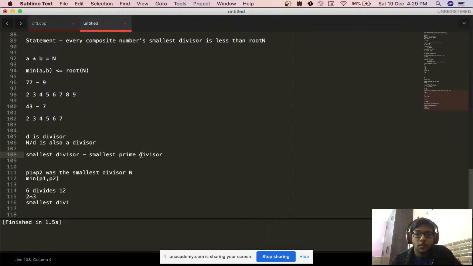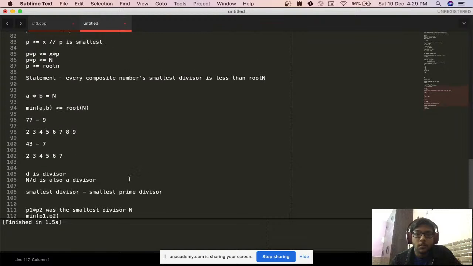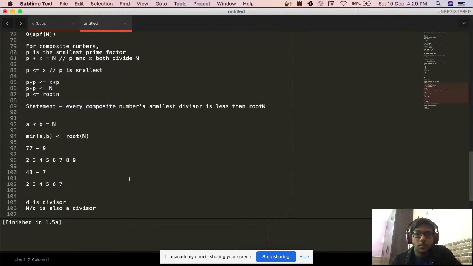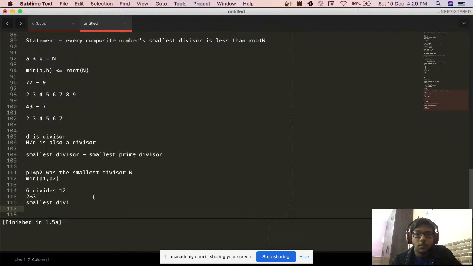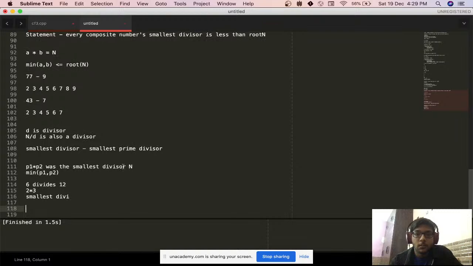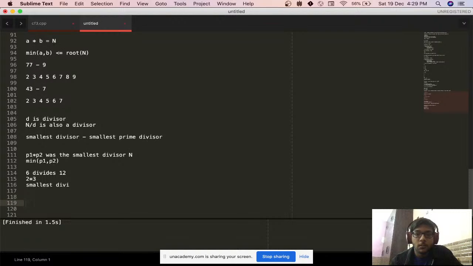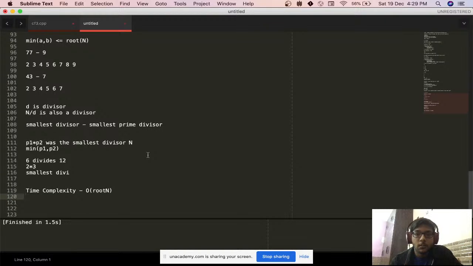Okay, so that's about checking whether numbers are primes or not in root n. So let us write about the time complexity. Time complexity is order of root n. So how big numbers can we check with this?